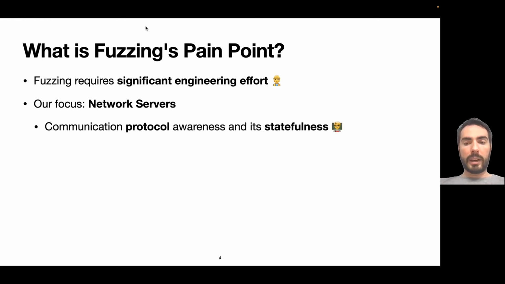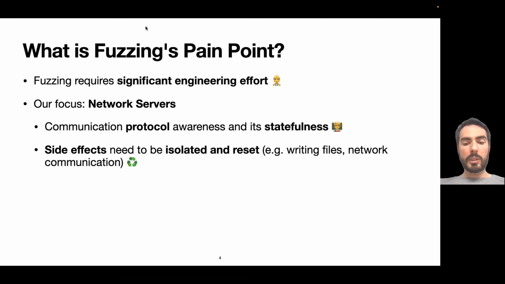Statefulness is particularly hard for fuzzers as it requires the fuzzer to be aware not only of what commands they have to send to the target server, but also of the order and interdependency of these commands. In addition, network servers might also have side effects, like writing files or sending information over the network, which might require the fuzzer operator to implement isolation or an environmental reset for every fuzzing iteration.